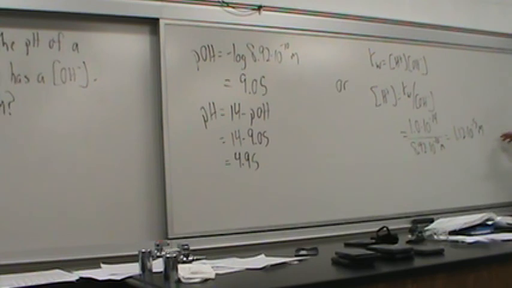Anybody else coming up with 1.12 times 10 to the negative 5th? Okay, so now that we have our hydrogen ion concentration, pH is equal to negative log of 1.12 times 10 to the negative 5th molar. And I'm coming up with a pH of 4.95.